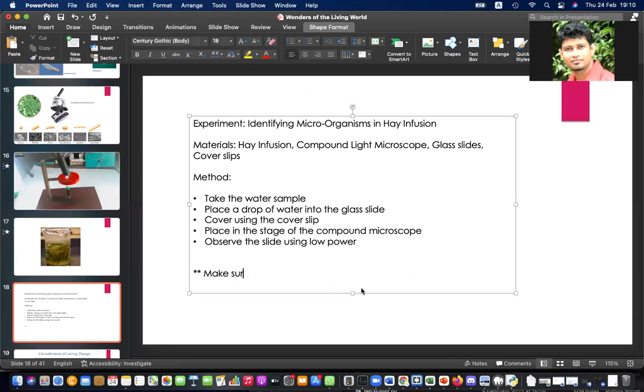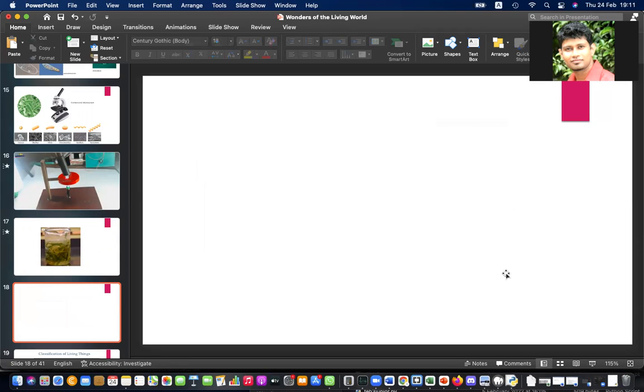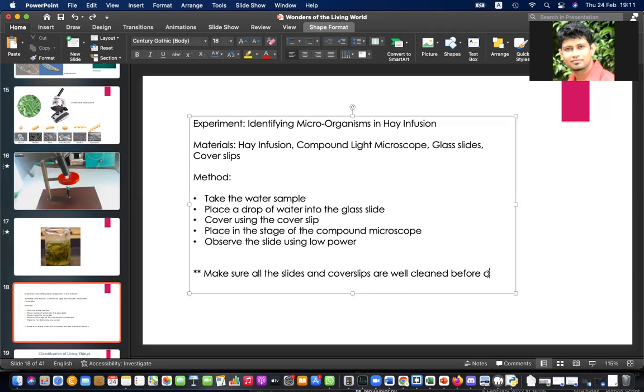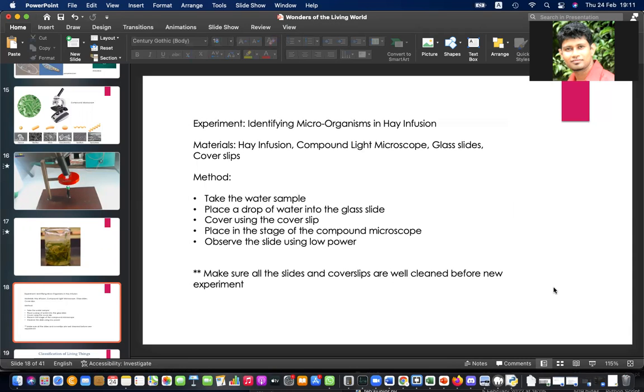Make sure all slides and cover slips are well cleaned before a new experiment. That is required. Very good point.